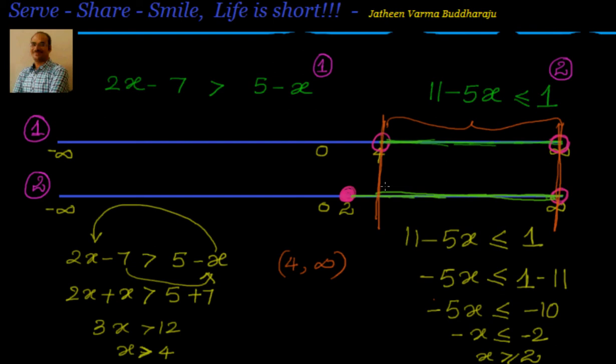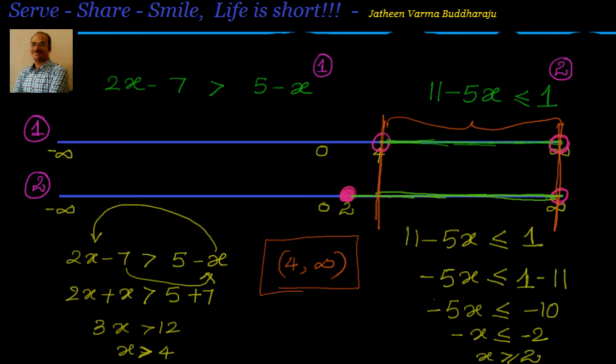Now the common is x greater than 4, that's from 4 to infinity excluding the boundaries. You can see that if you take this part it is not covered, whereas the remaining is green in both, which means it's a common solution. So the solution is 4 comma infinity excluding the boundaries.